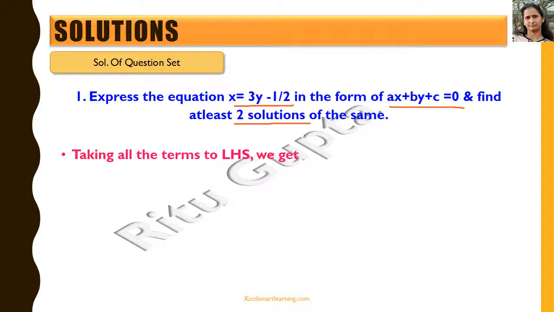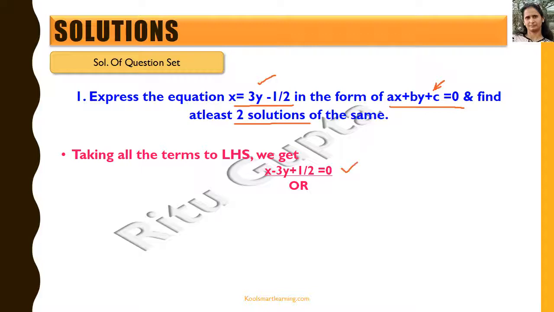So first of all, we take this equation and we take all the terms to the left hand side, because we know the standard form has all the terms on the left hand side and the right hand side is equated to 0. So it becomes x minus 3y plus half equal to 0.